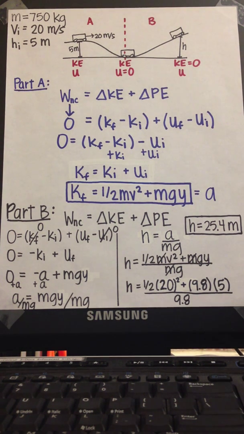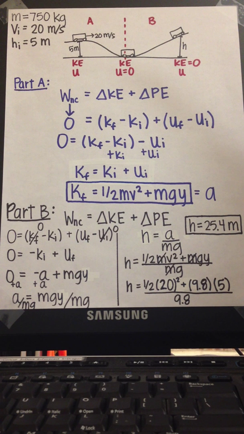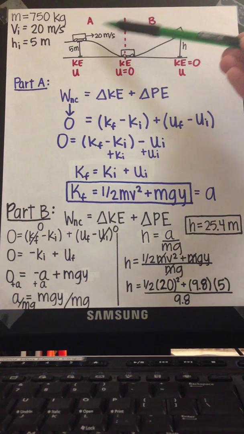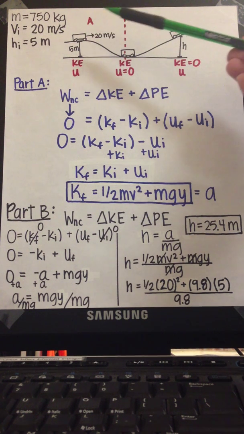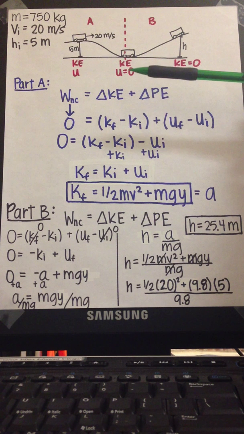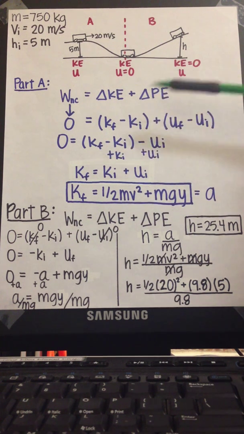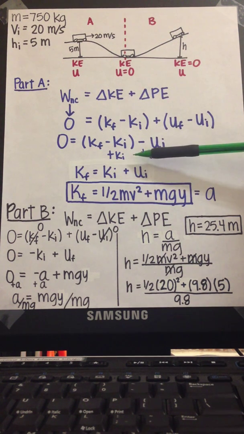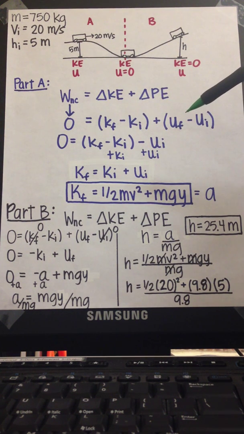So you know that the car, when it starts, has initial kinetic energy and initial potential energy, and then once it hits here it has only kinetic energy. So the final potential energy would be zero, so you get kinetic energy final minus kinetic energy initial minus potential energy.